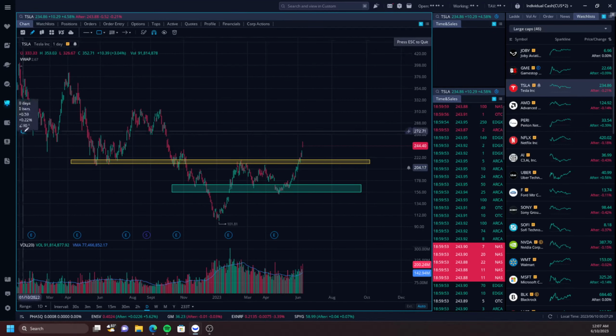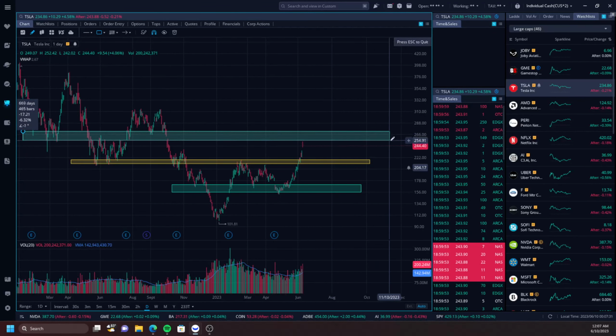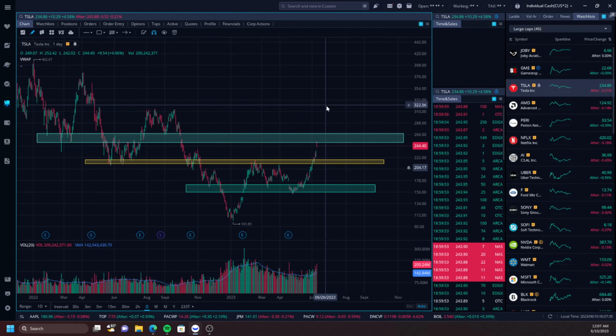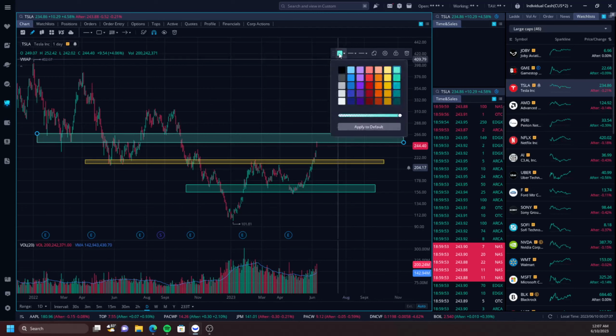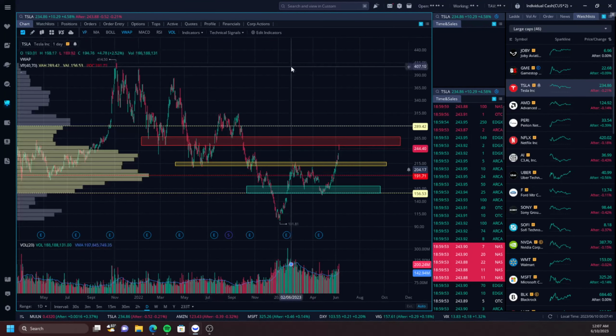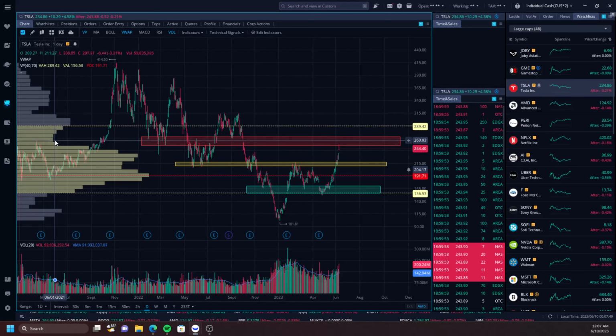Next one, we're looking for something that really has no volume here. That's how you find a really good area. How little volume does it have? Let's confirm it with the volume profile. Look at that. Nice low volume zone here. Perfect for an entry for a short. Perfect for a pivot. Perfect for a reversal, etc.